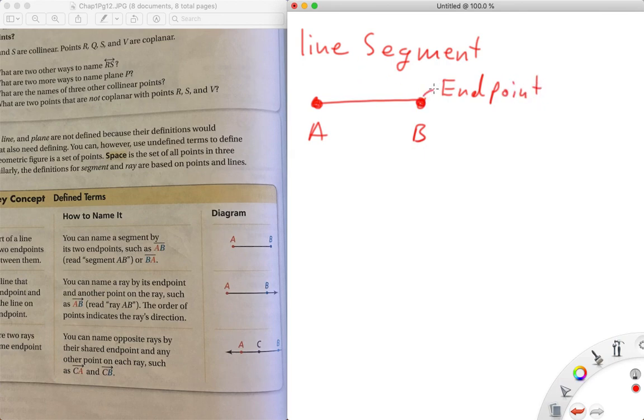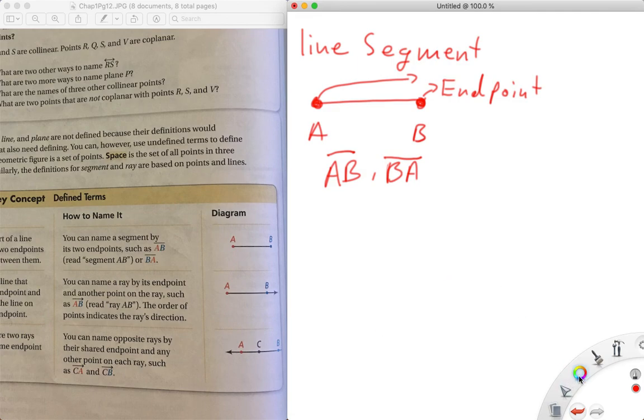So B is an endpoint and A is an endpoint. The endpoint denotes the end of the line. So a line segment has a beginning and an end. It does not go on forever. When we label this, we would label it line segment AB, with the segment symbol on top and no arrows. Or we can call it segment BA, again with the segment symbol on top, no arrows. That is a line segment.